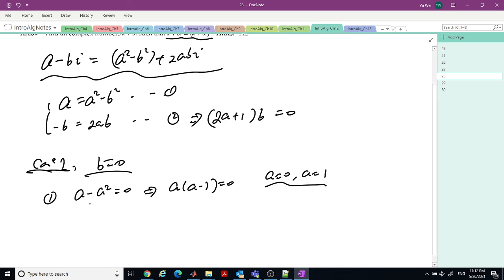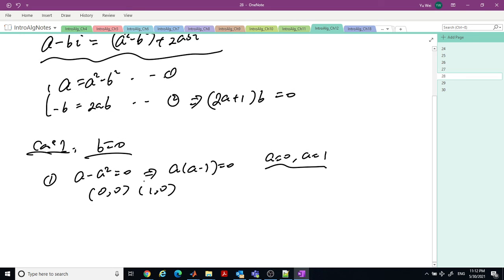So (0, 0) and (1, 0) are solutions. For case 2, b is not equal to 0, so we need 2a plus 1 to be 0, which means a equals negative 1/2.